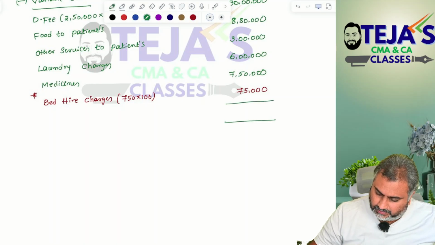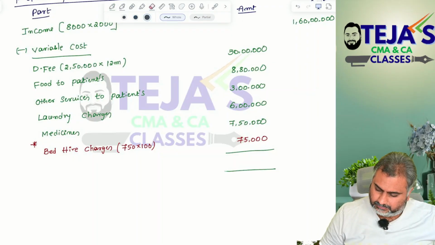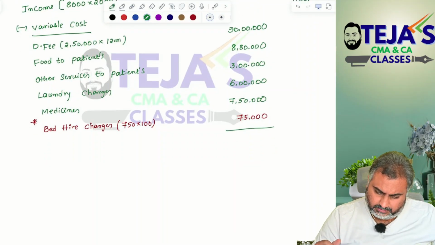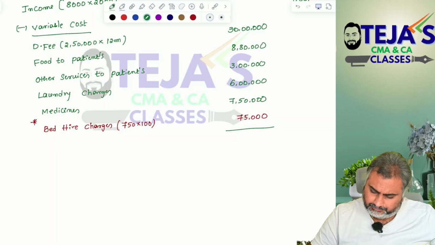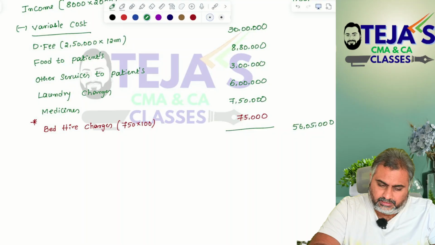Okay. Now add the total variable expenses and write it down in the outer column. 56 lakh 5,000 will be our total variable cost.